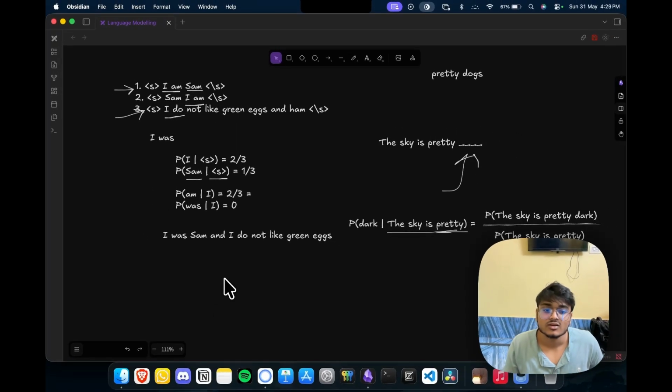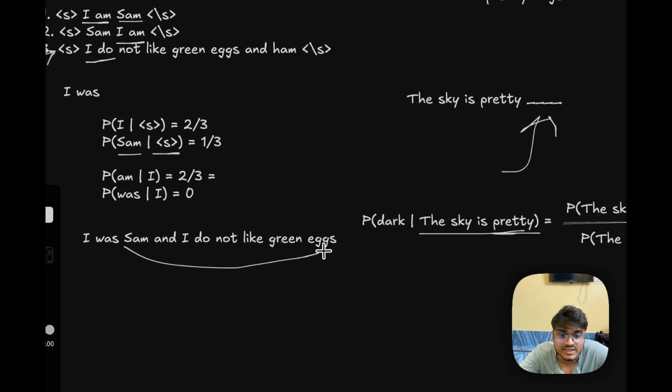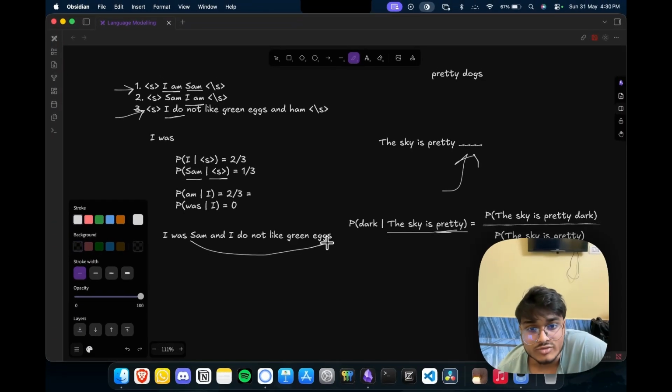The word "was" does not exist. Even though there is a high probability of these words existing one after another, "was" is producing a 0, so the entire sentence will be 0, and then there is no point of calculating the probability. So out of vocabulary is the main problem.